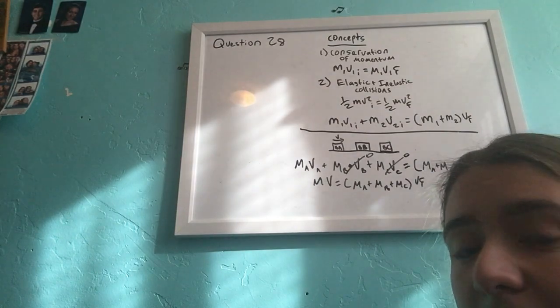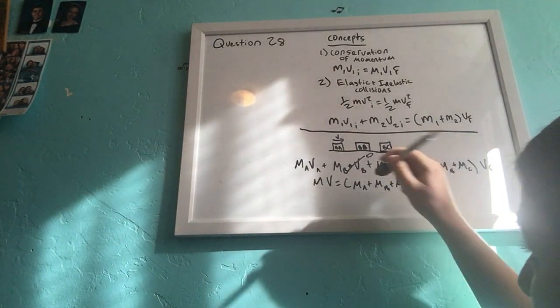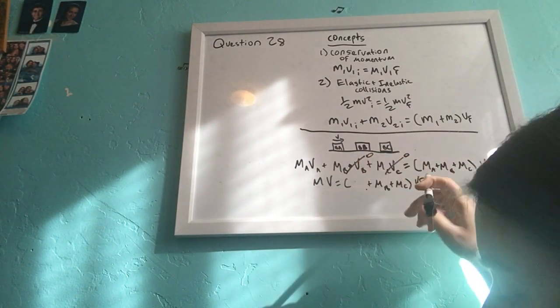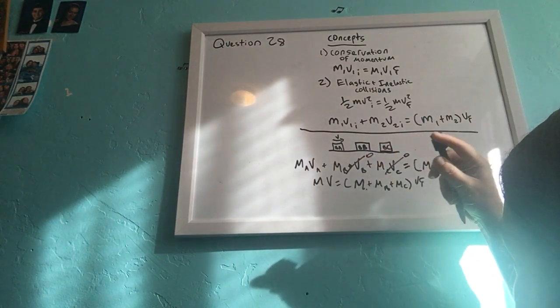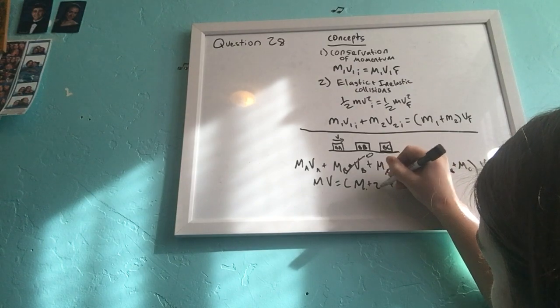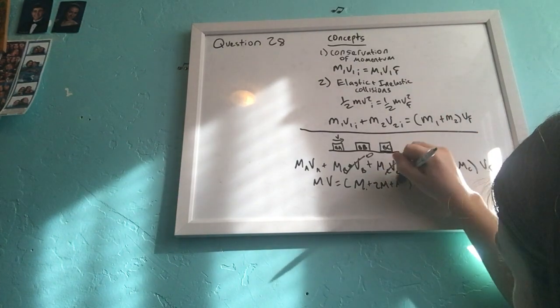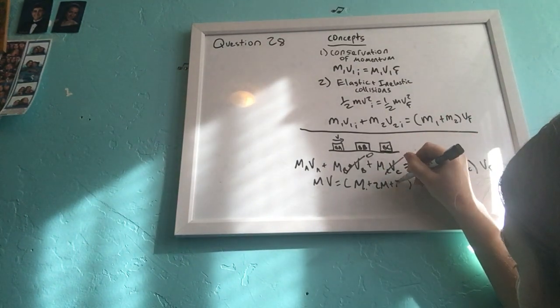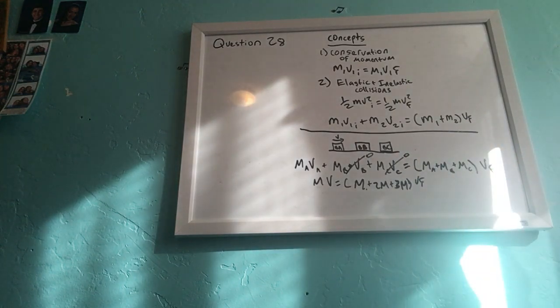They give us the masses, so we can substitute that in. MA is M, MB is 2M, and MC is 3M.